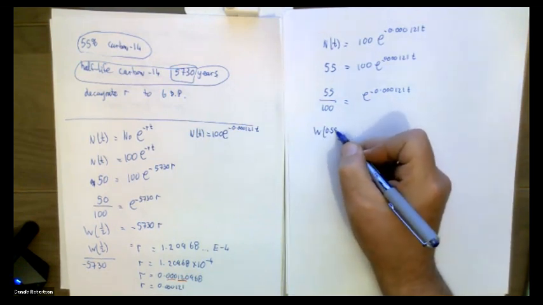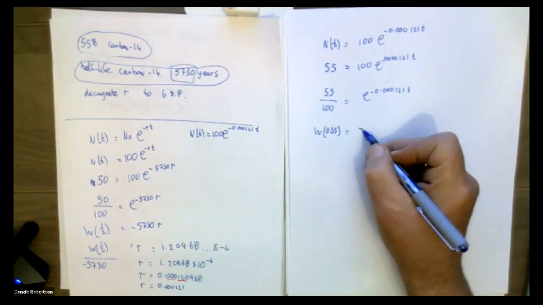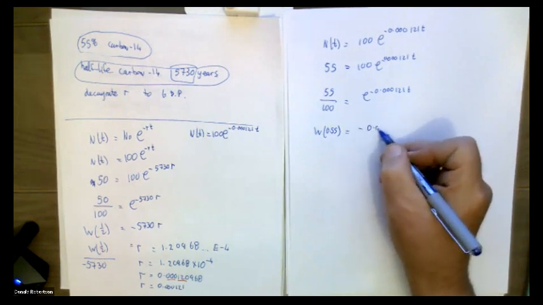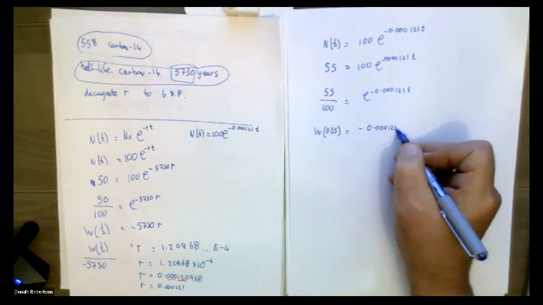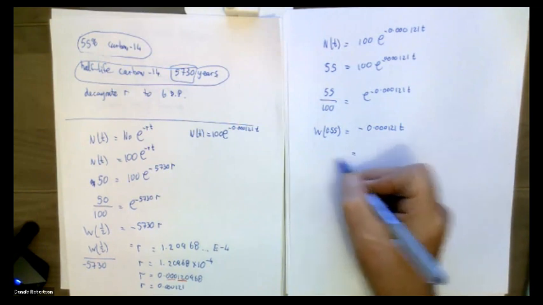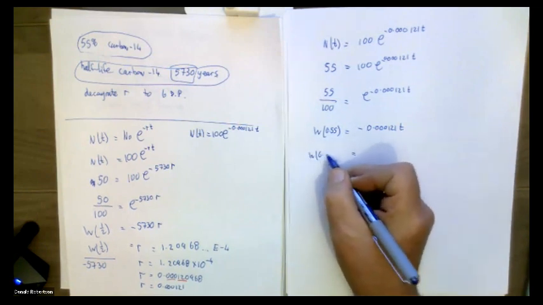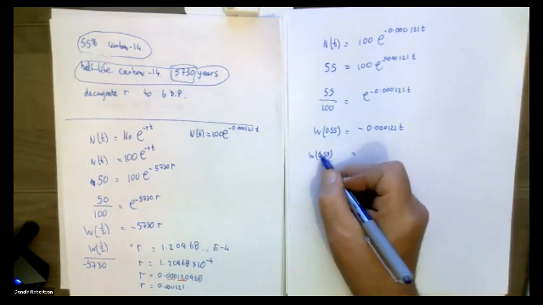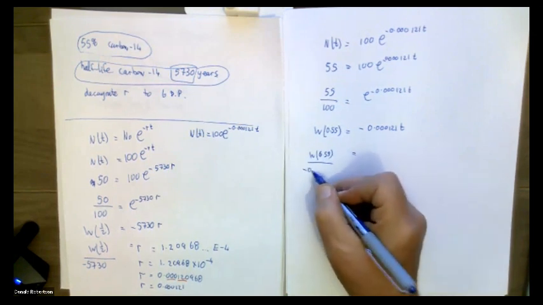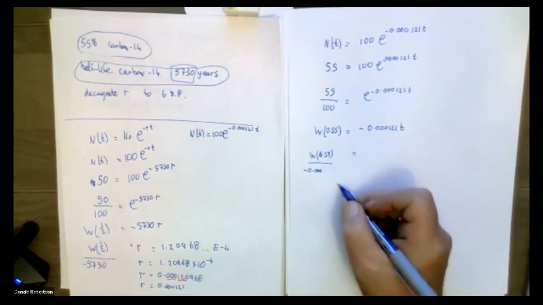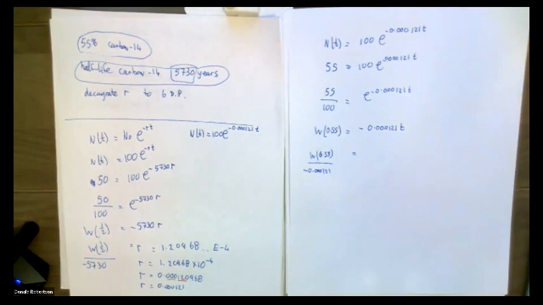That one is easy, so I'll turn it into a decimal. The natural log of this can be shortened down to that. And then divide both sides by negative 0.000121, and that'll get you the t.